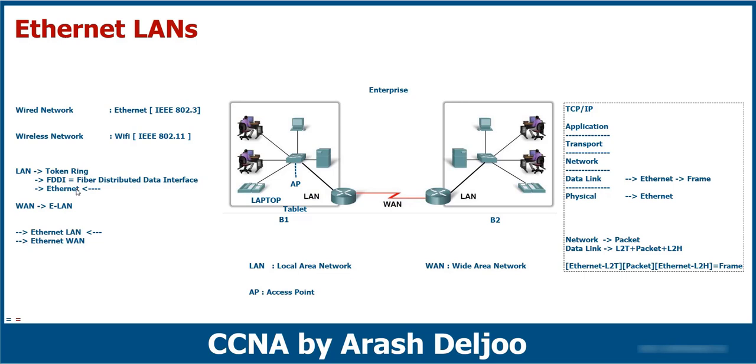Ethernet is working for the wired part of the LAN, because in LAN we have two parts, wired LAN and after that wireless LAN. Let me write here. This is, for example, the LAN, and maybe you see the wireless LAN written as WLAN. Both of them are the same. It's not important.